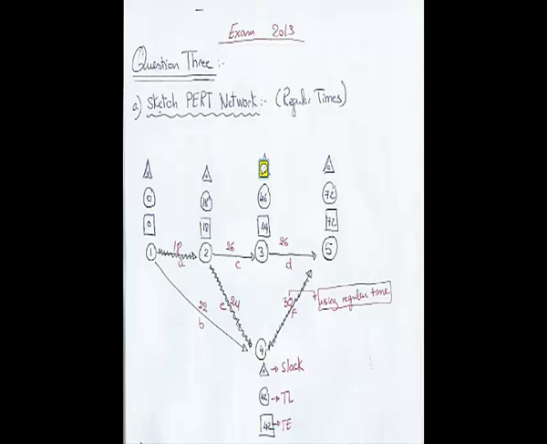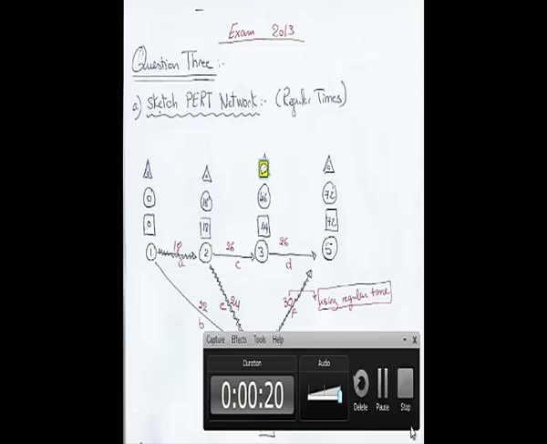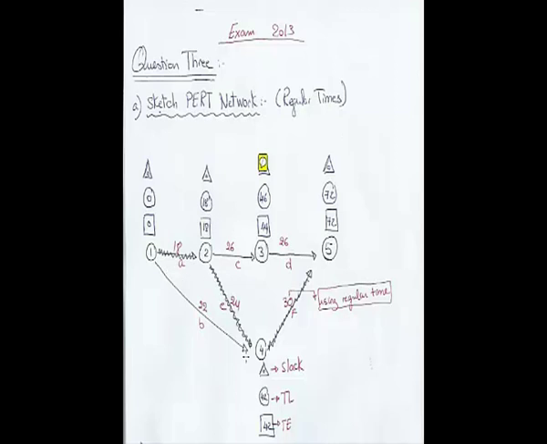The slack value here equals 2 because it is 46 minus 44. You can see that 4 also has a slack value equals to 0, and 5 also has slack equals to 0.